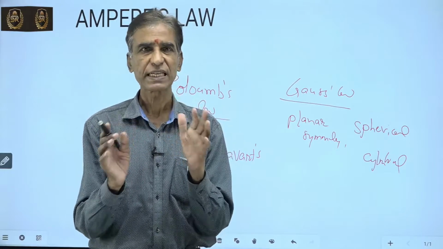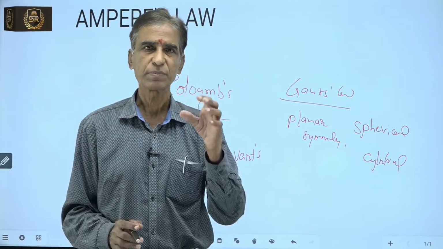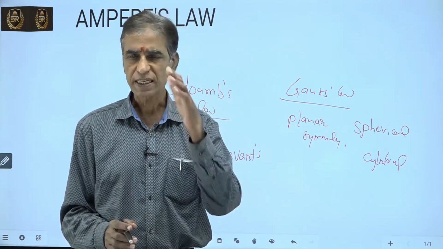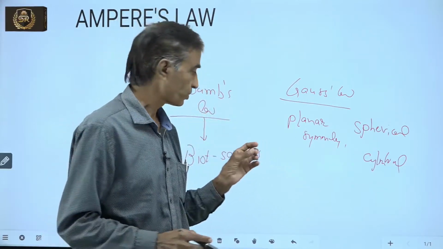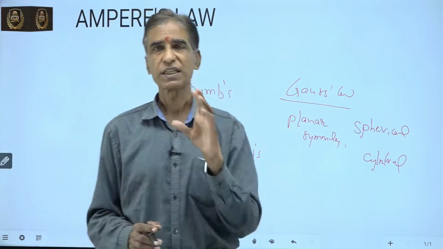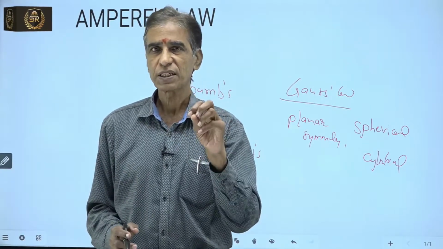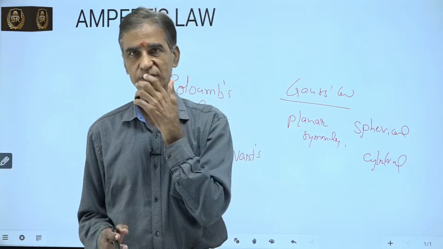Whatever the shape of the conductor, symmetric, non-symmetric, complex, complicated, anything, we can use Biot-Savart's law to find the magnetic field induction at a point due to the current carrying conductor.